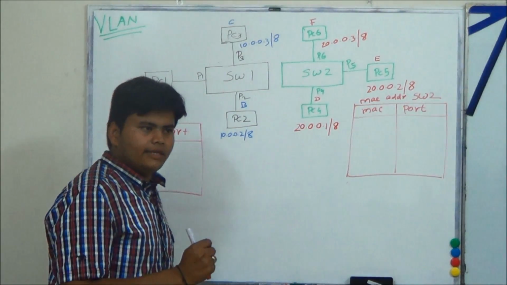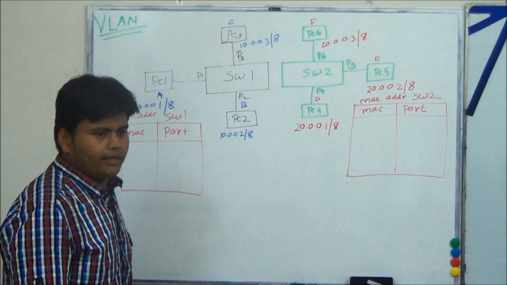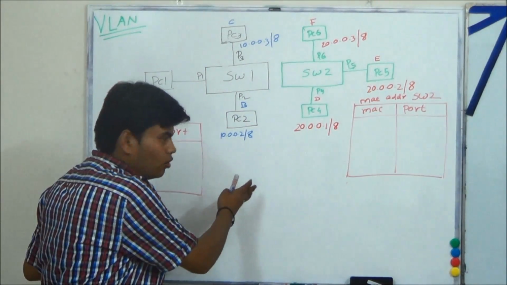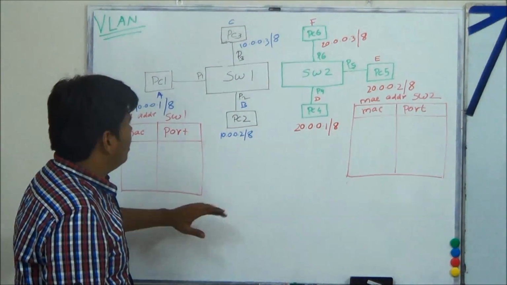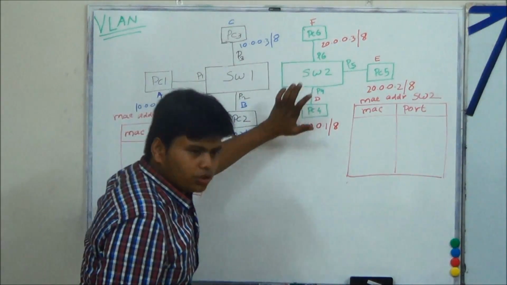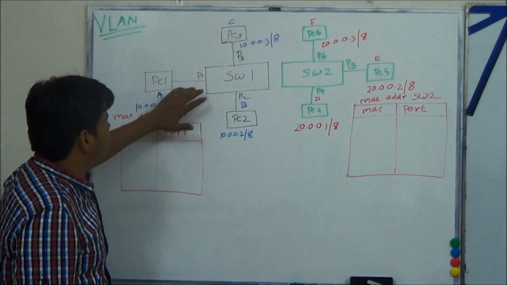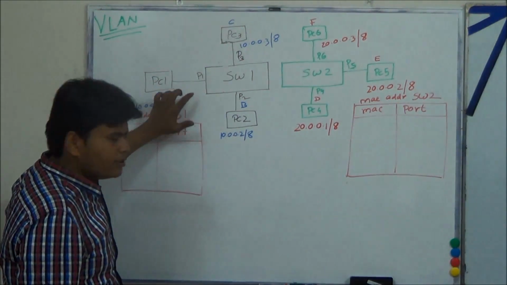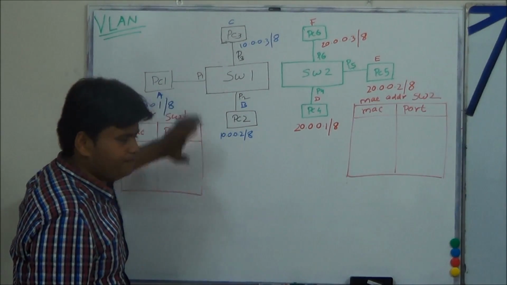For better understanding of the concept of VLAN, let us consider this topology in which there are two switches, switch 1 and switch 2. Switch 1 has 3 ports: P1, P2 and P3.